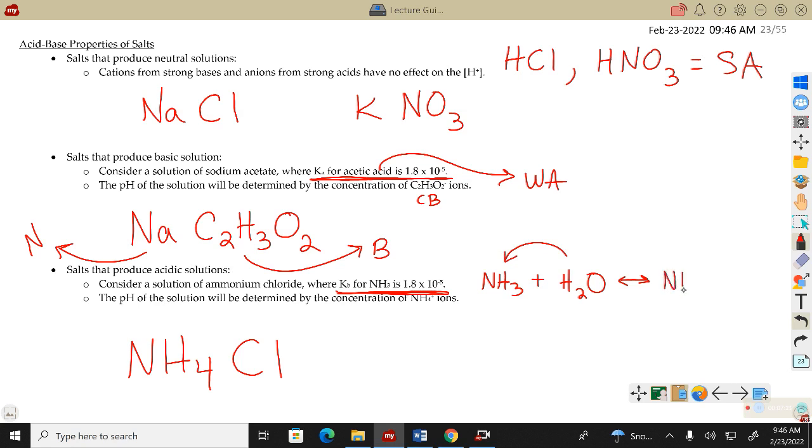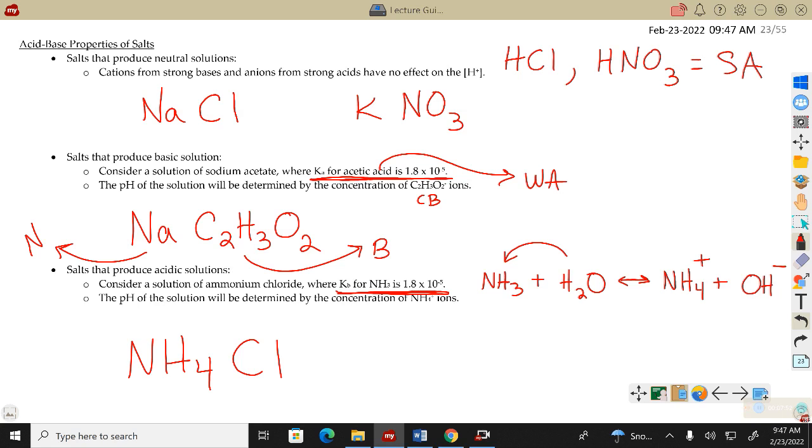So we'll form that NH4 ion, and the solution is basic. I will produce some hydroxide. It doesn't come directly from the ionization of NH3; it comes from the water in the solution. Now it's weak, so this doesn't happen 100%, but there will be some hydroxide in the solution.